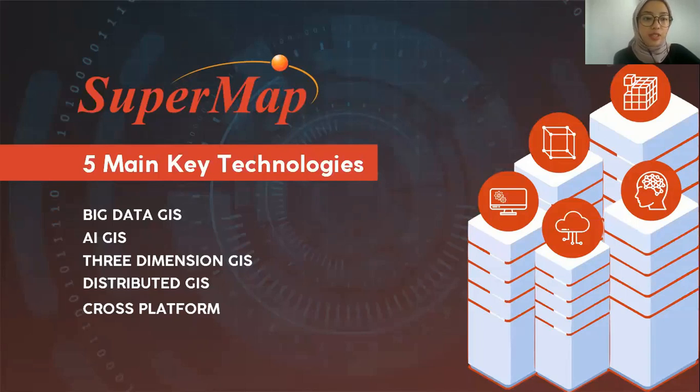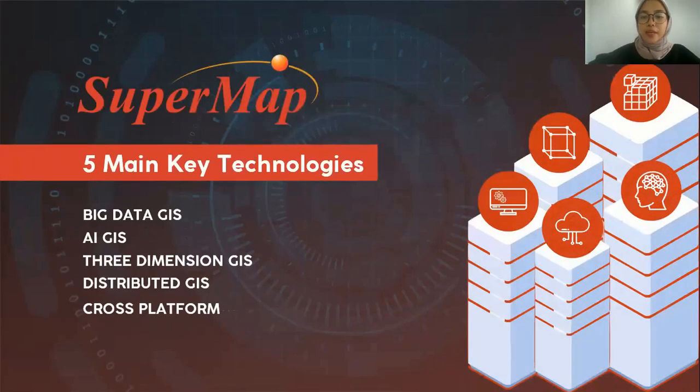And we have also 3D GIS. So we are very good at handling 3D data, either to just display or integrate it with other data, or furthermore analysis, visualization, and also bring it to various kinds of terminals, either for cloud-based applications or mobile applications.